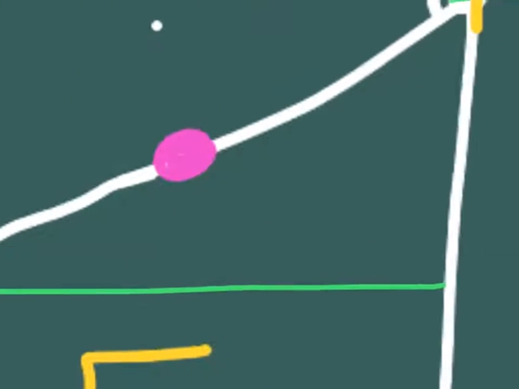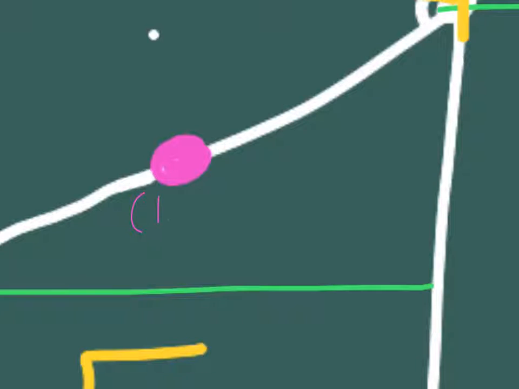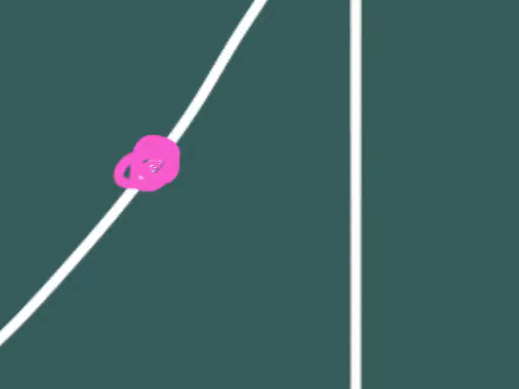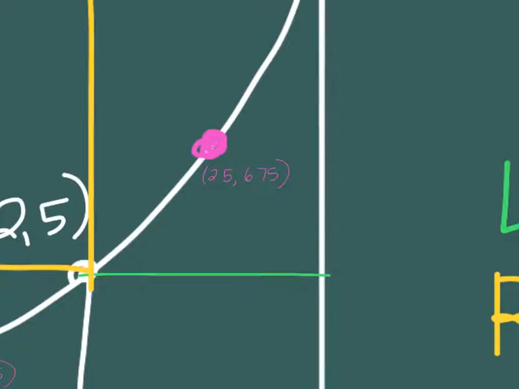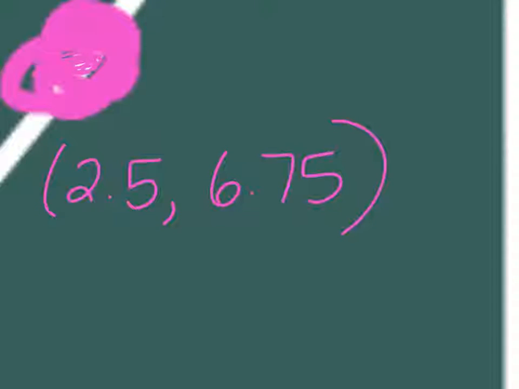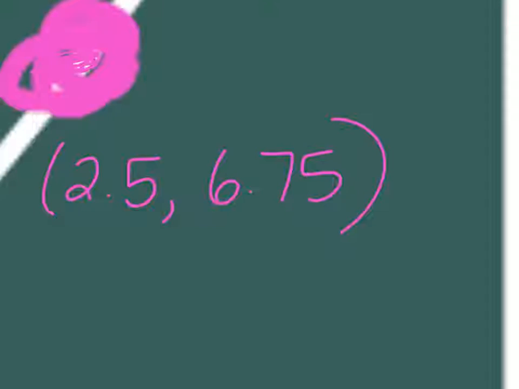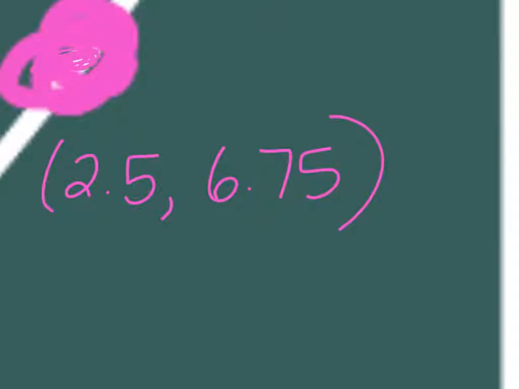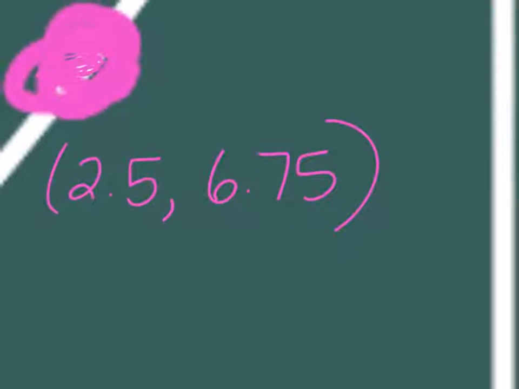The second midpoint is 1.5, 3.75. And the last midpoint is 2.5, 6.75. So it was 2.75, 3.75, 6.75.